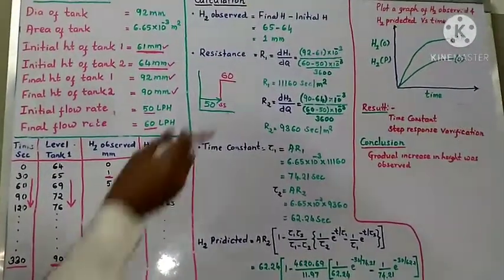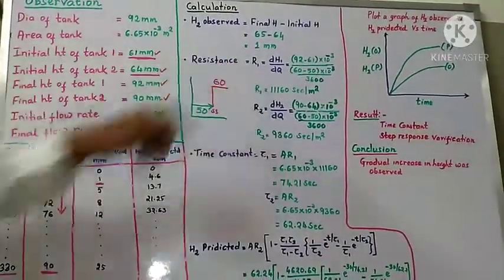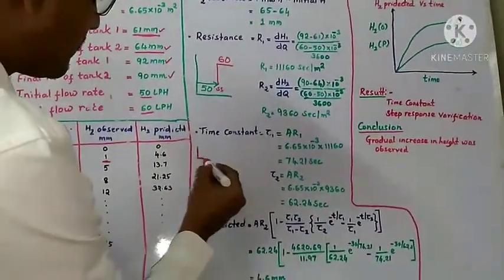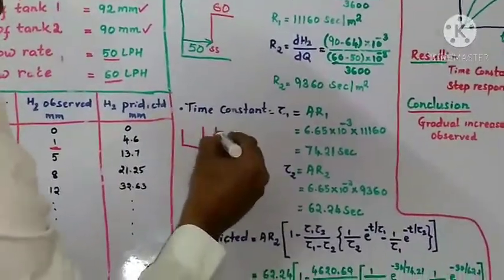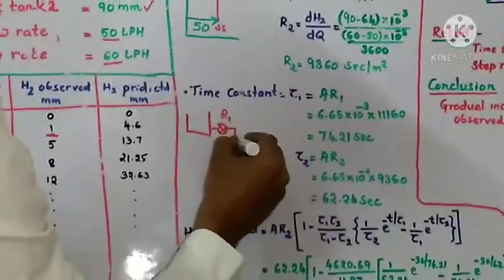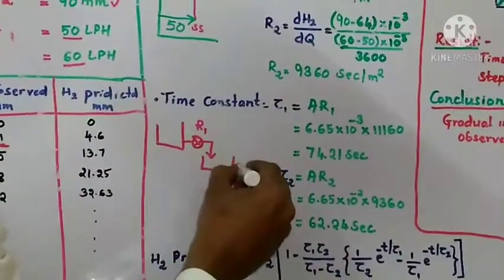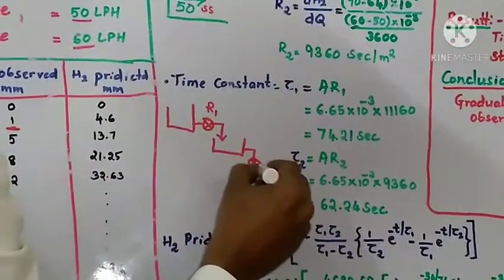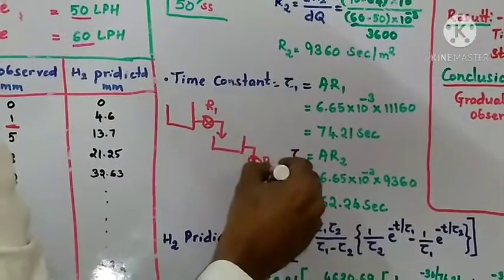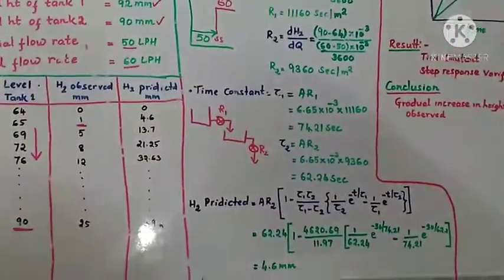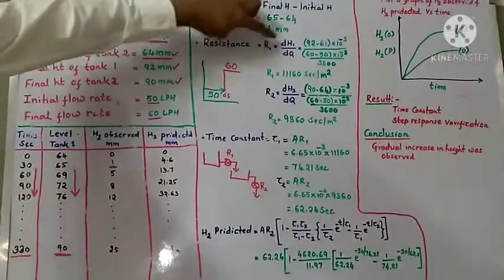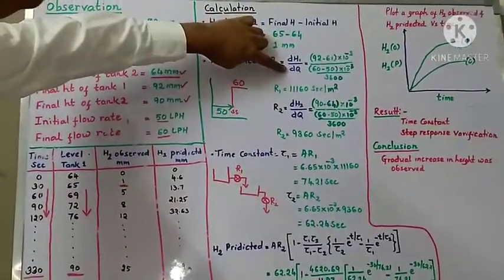And I want to calculate the resistance of tank 1. So tank 1 is here. This is R1, it is going to the second. This is R2. This is R1 and this is R2. So here R1 is dH by dQ.